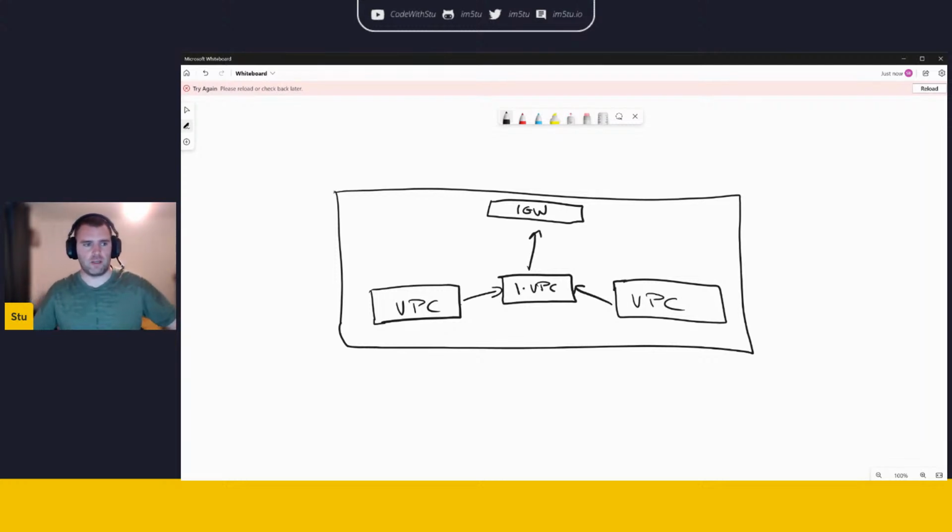So to put all that through the inspection VPC where all the rest of your traffic is going may overload that area, because each VPC basically has a network bandwidth of like 45 gig per second or something like that. So depending on how much traffic you have, depends on kind of how this goes.